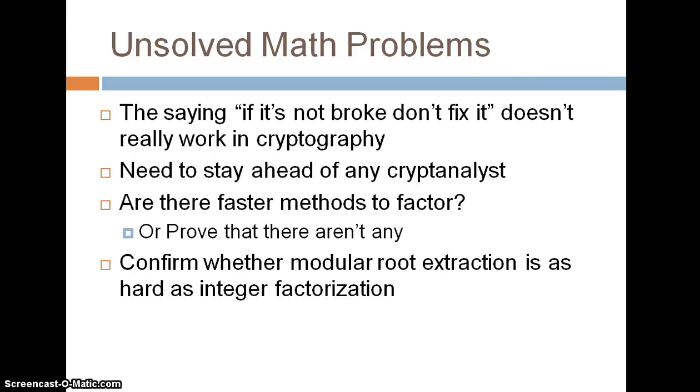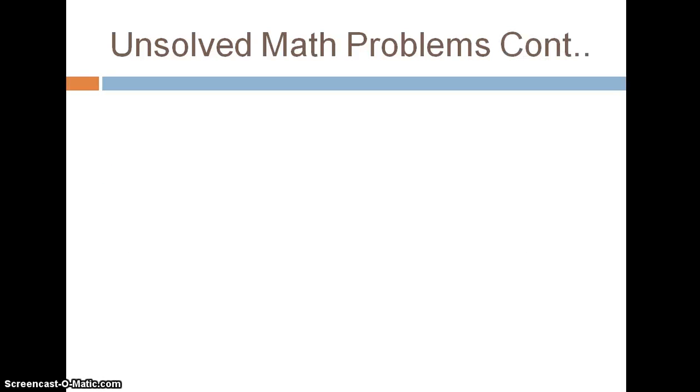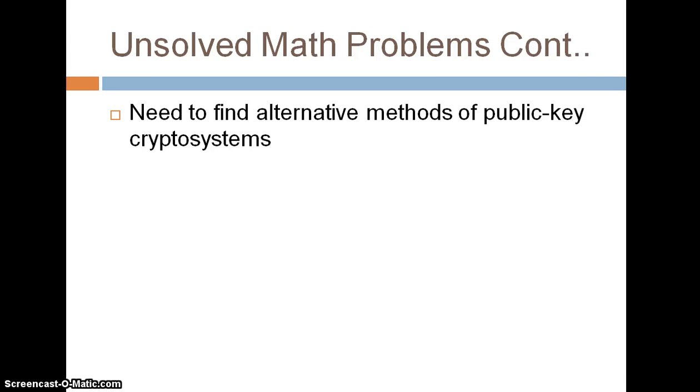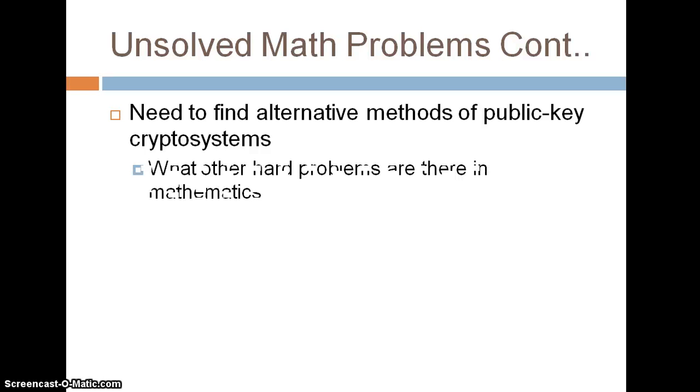Confirm whether modular root extraction is as hard as integer factorization. Find alternative methods of public key crypto systems. Right now, it's just the RSA scheme. So what other hard problems are there in math that could be used to create new crypto systems?